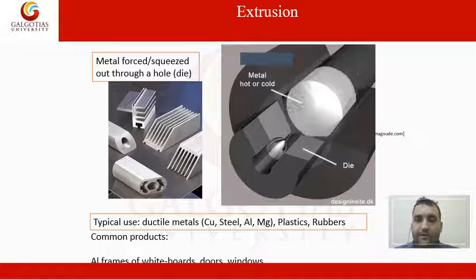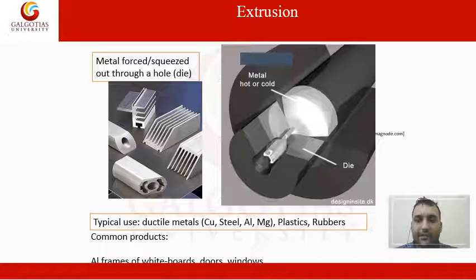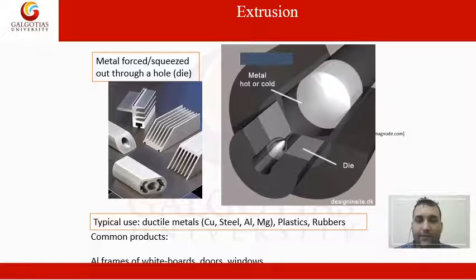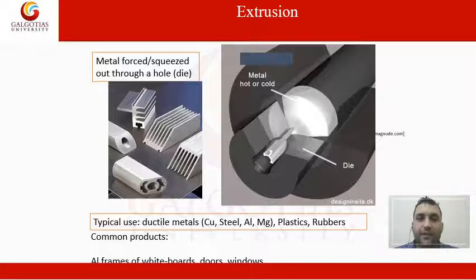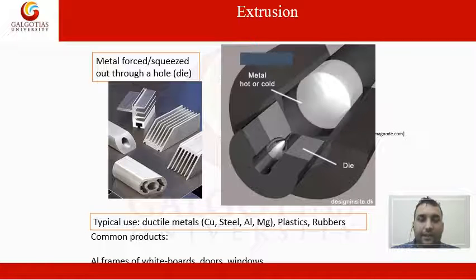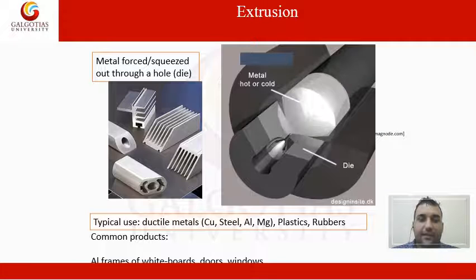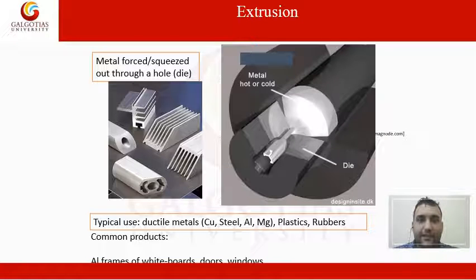This animation shows the process of extrusion, where the ram forces the workpiece material to flow through a small die opening, and then the part is extruded. On the left side, you can see various products of the extrusion process.